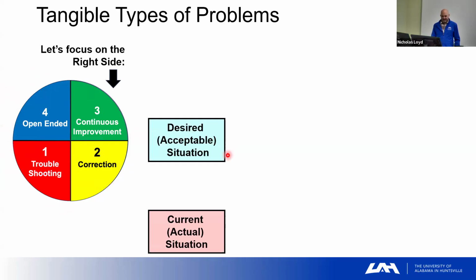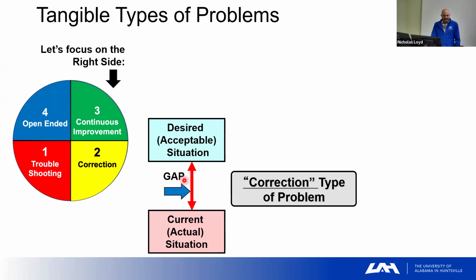A correction problem is having a desired situation, a standard that's established, but we're performing below that standard. That's a gap. And our problem-solving efforts in that case should be to correct the current underperforming situation back up to standard.